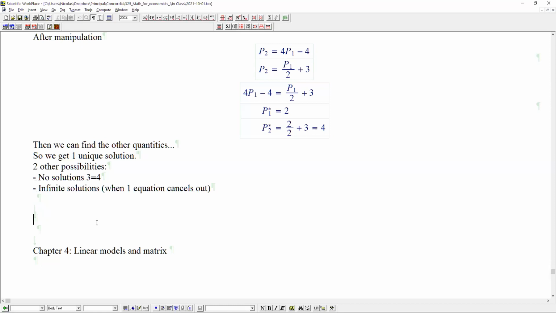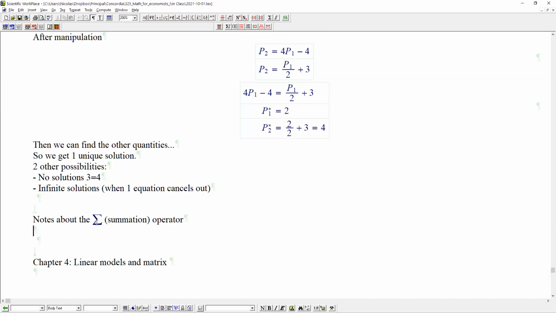So notes about the summation operator. I'm sure at least some of you may be familiar with this, some of you not. How many people have seen it? You can just say yes in the chat.